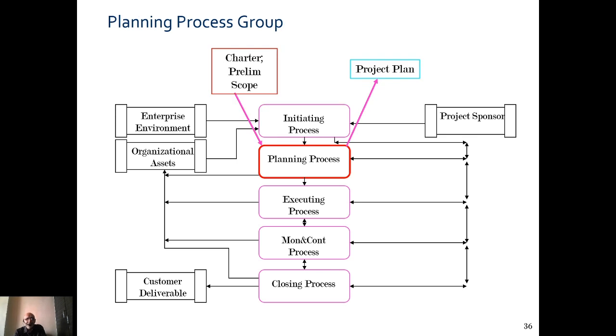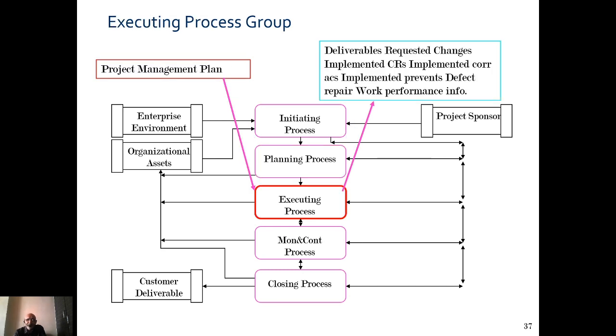In the second case, the planning process, you have the charter as an input, the preliminary process, and the outcome will be the project plan. Once you have the project plan, what is next? In executing the process, you have a project management plan.